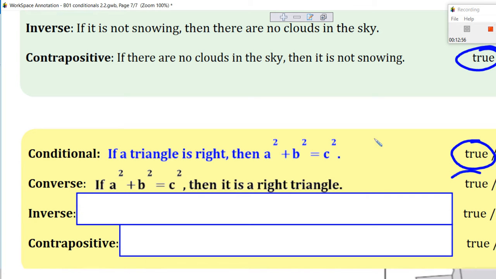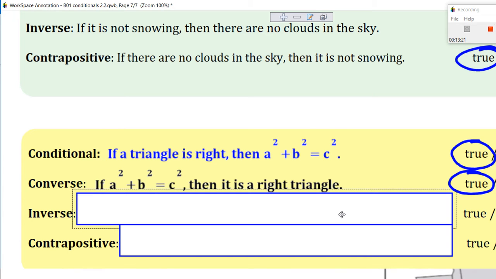Remember last year, we talked about the converse of the Pythagorean theorem. Well, that's because we can actually use it. Remember, we can use a squared plus b squared equals c squared to show that a triangle is a right triangle. We can also show that a triangle is not a right triangle.